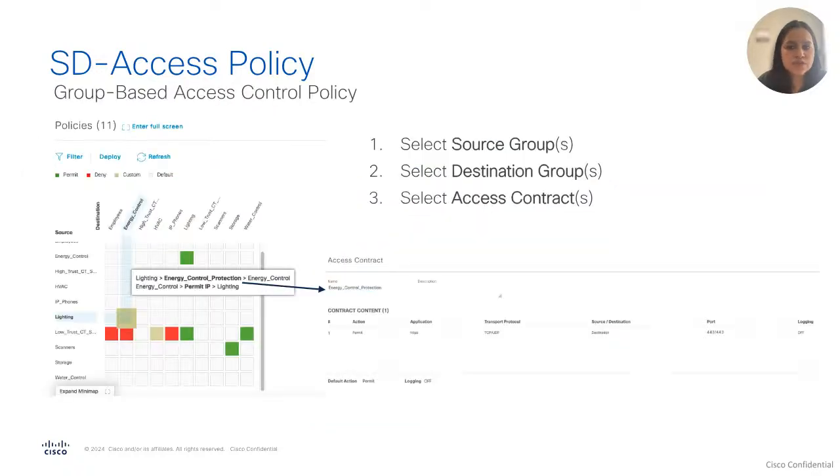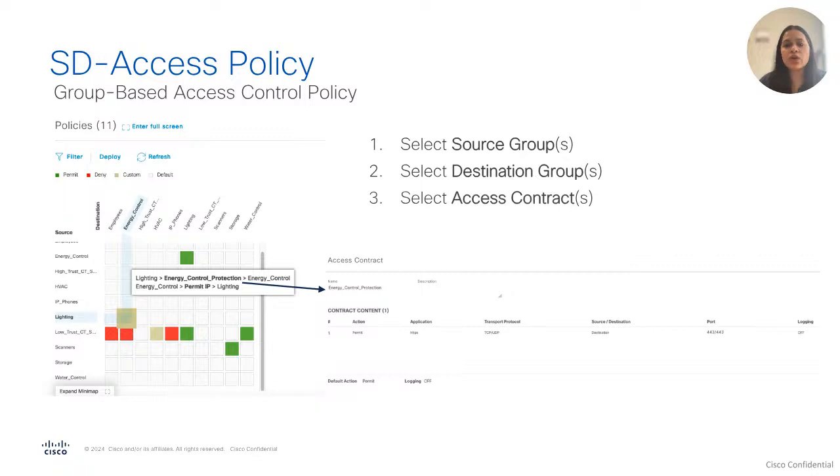Now, once we define the SGTs and the policies, we get this kind of visual representation of the policy matrix on Catalyst Center. This is where we have the information of the source SGTs, the destination SGTs, and what contracts, what communication we want between a source and a destination group.